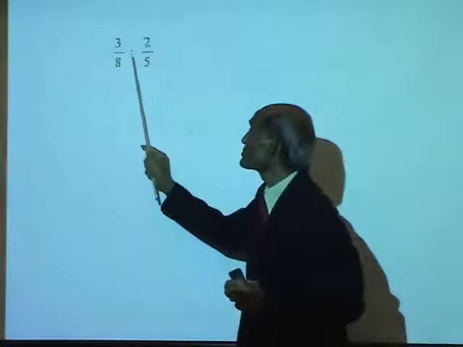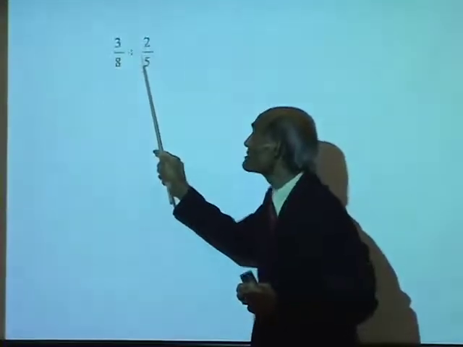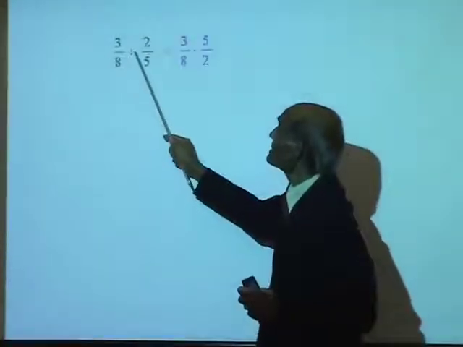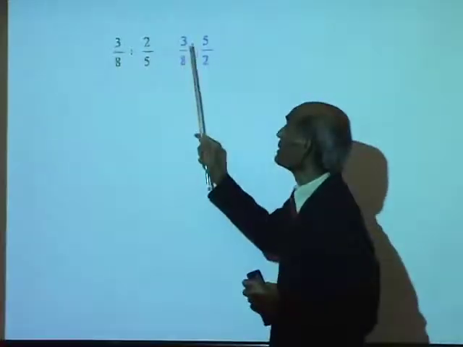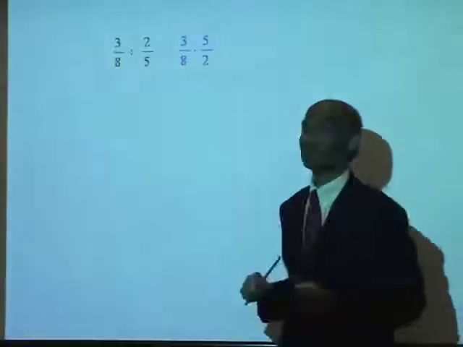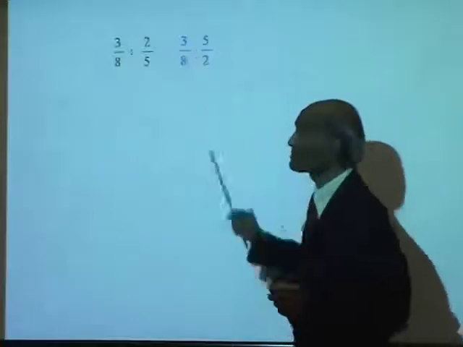Change the division to a multiplication and write the reciprocal of this fraction. So 3 over 8 divided by 2 over 5 is the same as 3 over 8 multiplied by 5 over 2. Okay, now we have changed the division to a multiplication.